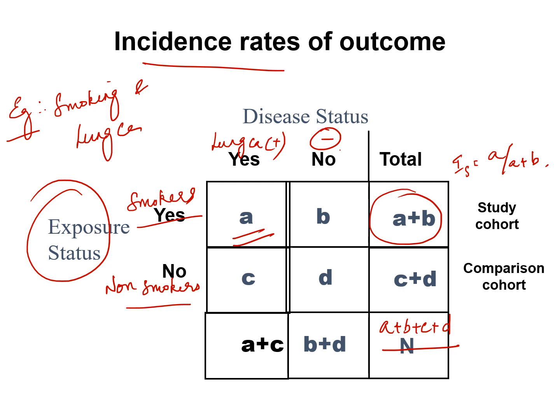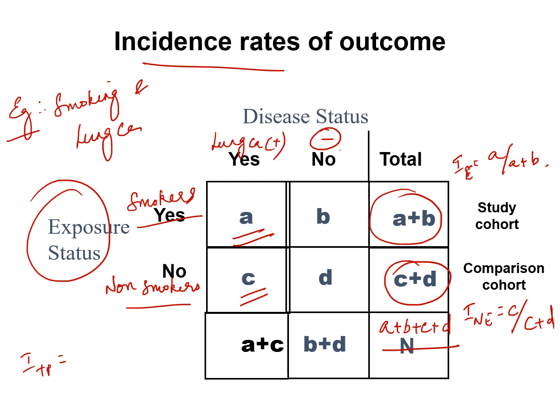This will be for the exposed group. For the non-exposed group, that is non-smokers, again it is new cases divided by population at risk. The new cases will be C, and population at risk is C plus D. So incidence rate among the non-exposed group will be C by C plus D. Now, how will you calculate incidence rate for the total population?